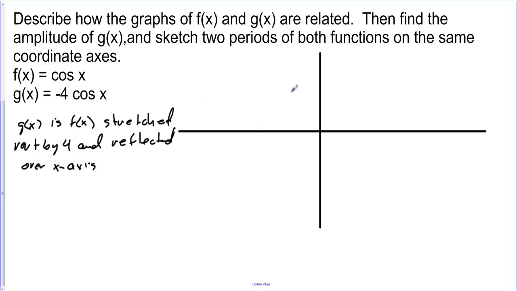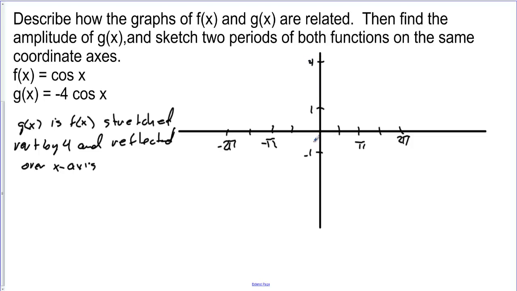Let's graph cosine. Cosine goes up to 1 and down to negative 1. Here's our 1, 2, 3, 4 marks. We'll make this 2 pi. And we have 1, 2, 3, 4 marks to the left. That's negative 2 pi. And then cosine will eventually go up to 4.